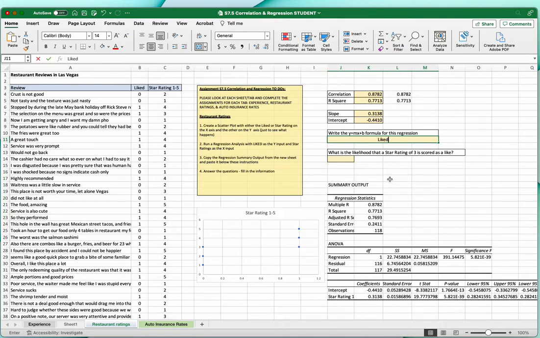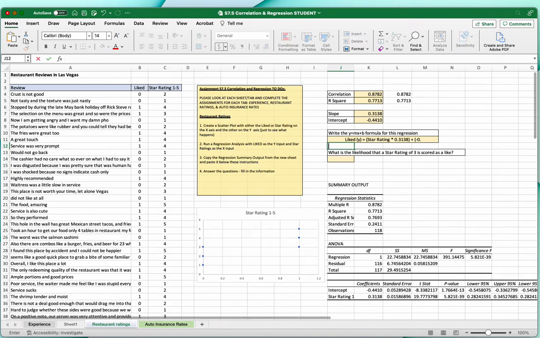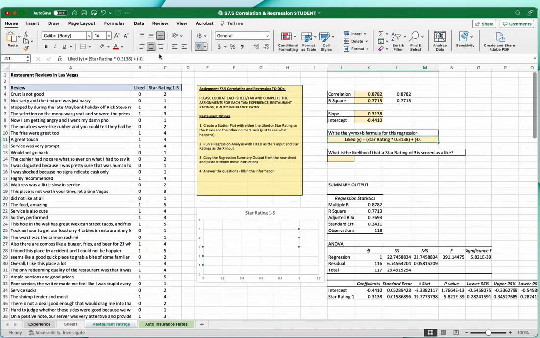Liked, which is my y, equals my star rating multiplied by 0.3138, and then we add a negative 0.4410.